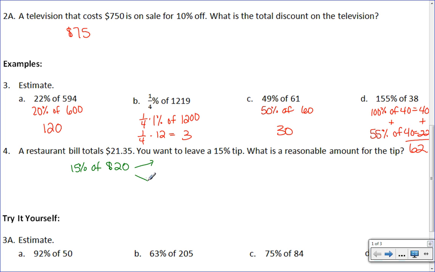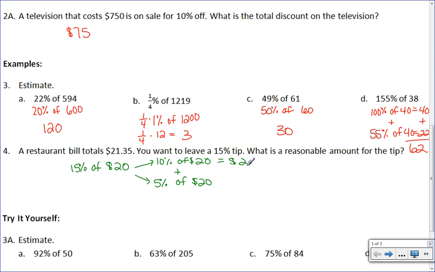Well, we're going to split that into 2 parts. We have 10% of $20 and 5% of $20. And whatever we get for these two, we want to make sure we add them at the end. Well, again, splitting this into 10 and 5 makes it easy because 10% is very easy to compute. 10% of $20 is just $2.